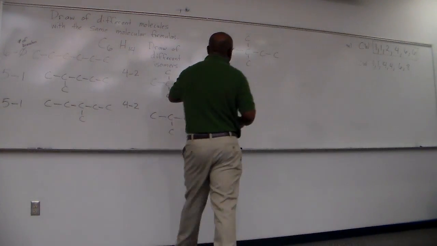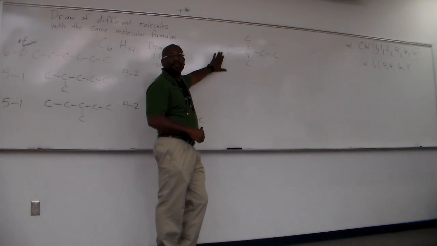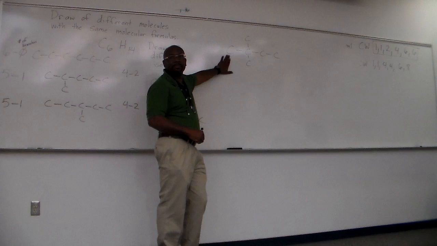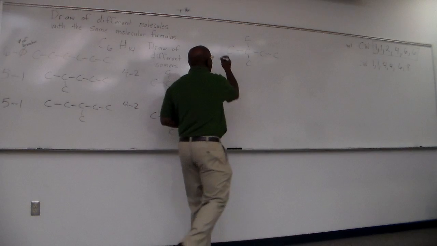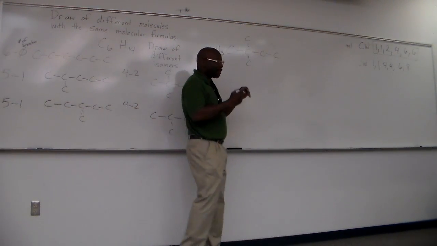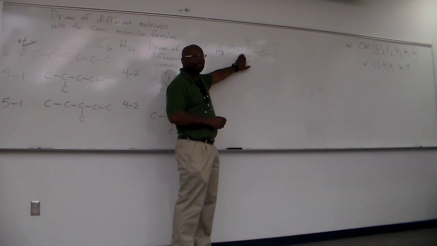When drawing hydrogen atoms on the carbon atoms, we know that carbon wants to form a total of how many bonds? 4. How many bonds are directly attached to this first carbon? 1. So I need to add how many hydrogens? 3. That's H3. I'm just going across. Look at my next carbon atom. How many bonds are shown attached? 4. I'm adding no hydrogens.